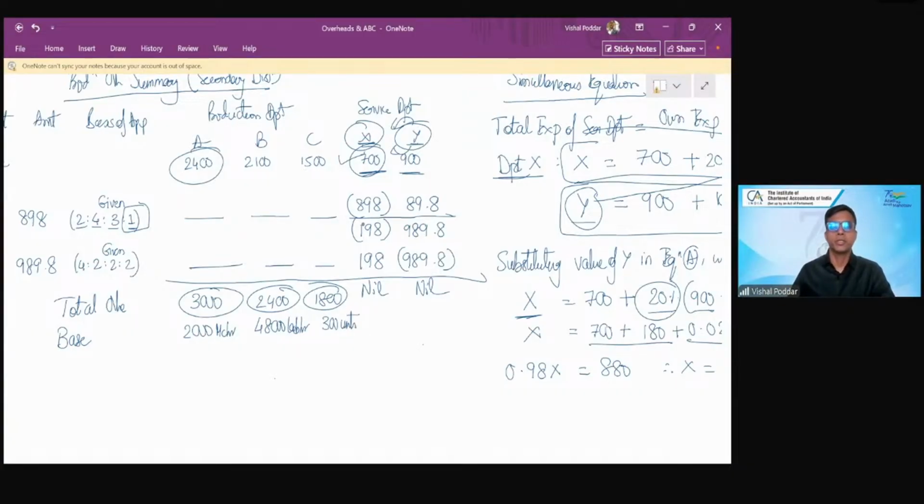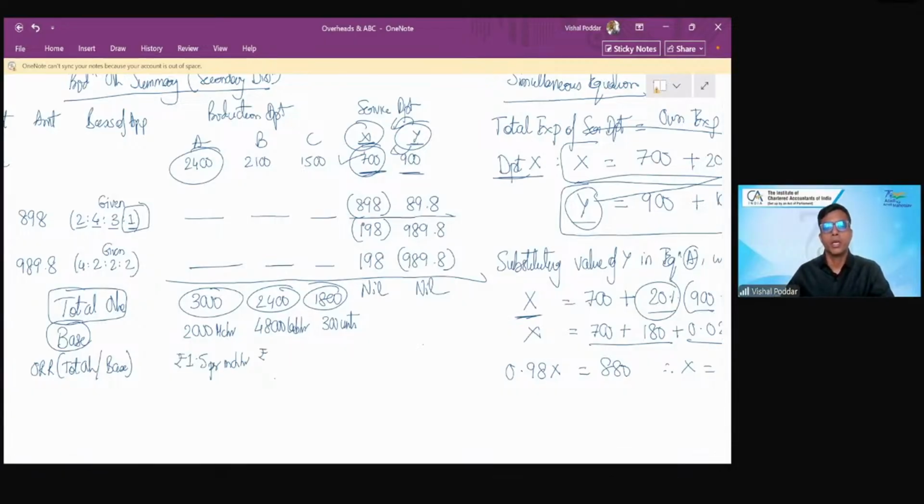So these are the bases given. So I will divide this total overheads by the base, so I'll get the ORR. So the formula for finding out ORR is total overheads upon the base, which is given. So for department A, it is coming as 1.5 per machine hour.